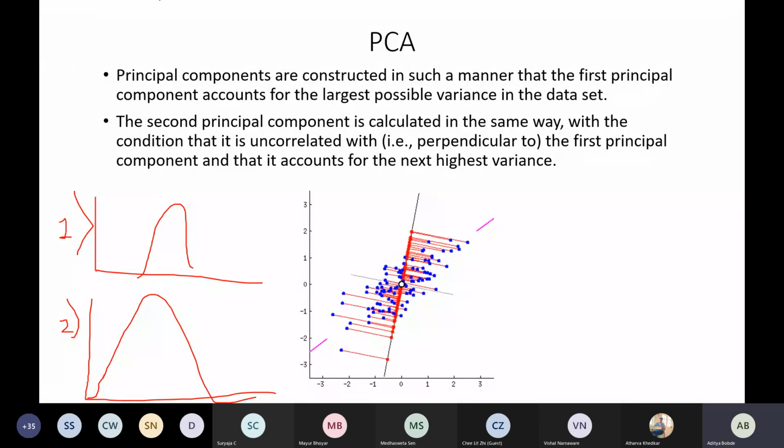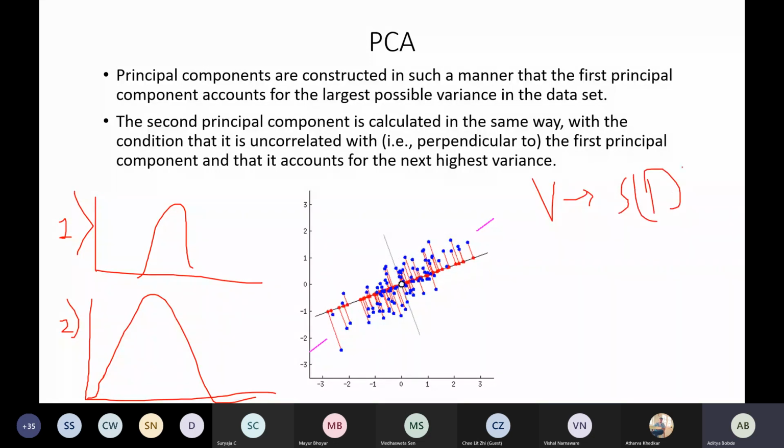Can anyone tell me whose variance is high and why is the variance high? Just remember the definition of variance. Variance was the spread of the data.